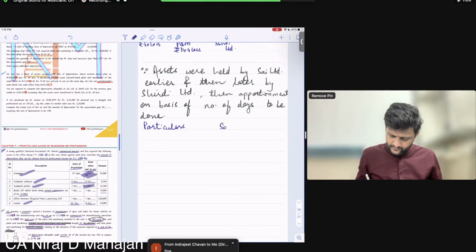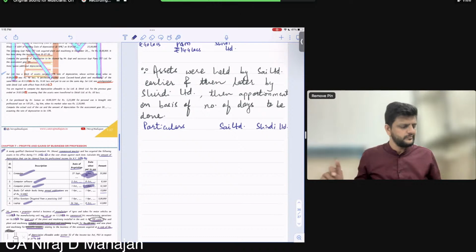Finally, particulars: Sai Limited, Shirdi Limited. Ready?